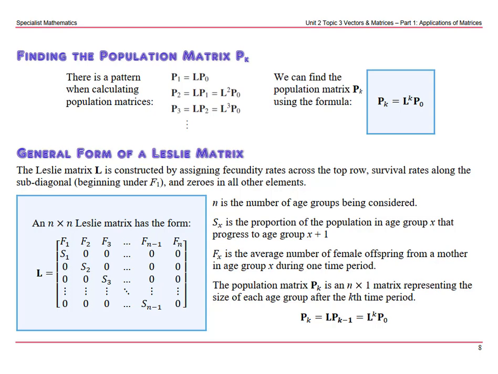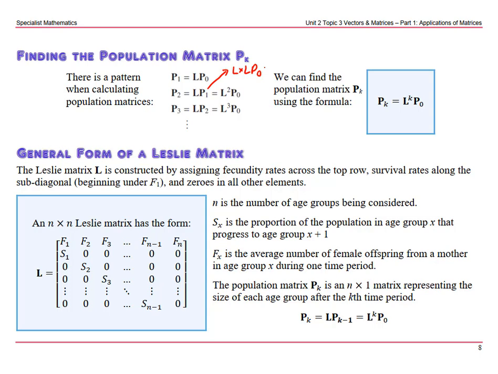Population at the end of period 2 is our Leslie matrix times our population at the end of period 1. That's the same, though, as saying our Leslie matrix squared times our initial population, because all we're doing is L times L P0.